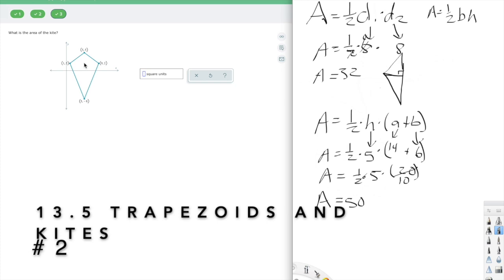So if I'm at X here for my 1, and I'm coming over to 5, because that's where the line would be on 5, so that means my height is 4. And then the base, well, that's going to be the length that I'm drawing here, the diagonal. So I'm going to go from 5 to -8. Well, I have 5 and then 8 more. So it's 8, 9, 10, 11, 12, 13, right? So my base is 13, and then I'm going to multiply by 1/2.